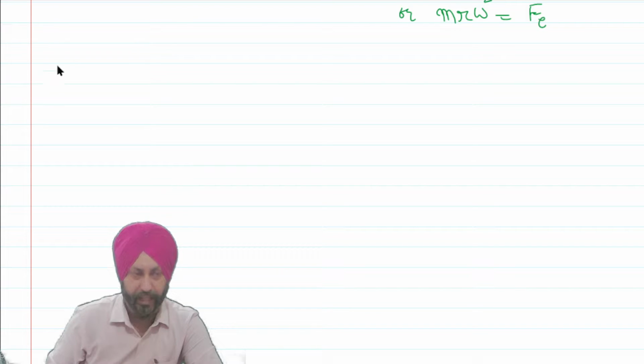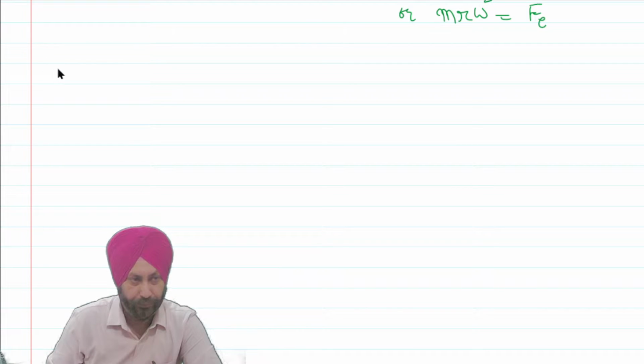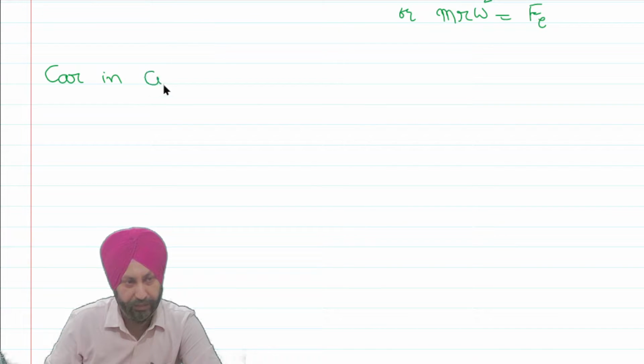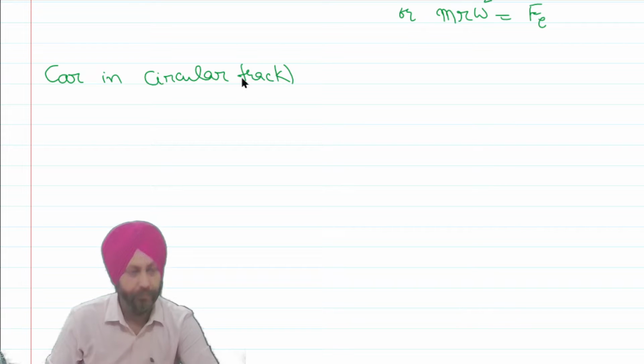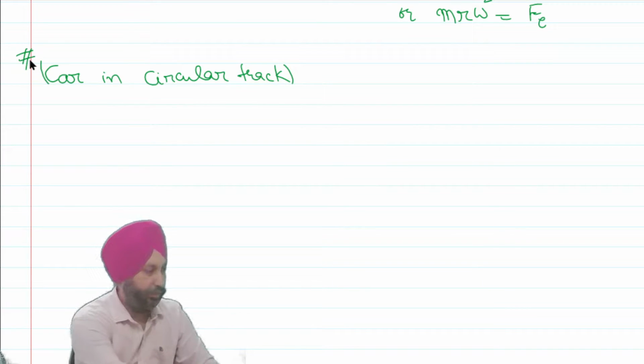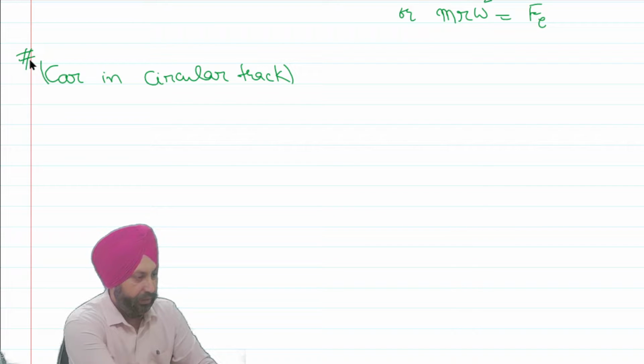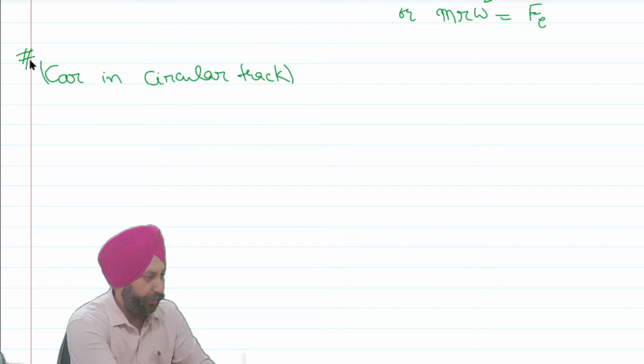Okay, now we have a car in a circular track. Motion of a car in a circular track. It is moving in a circular track.